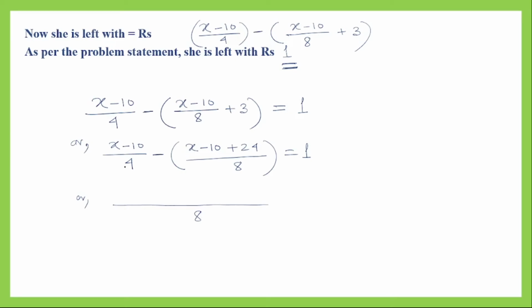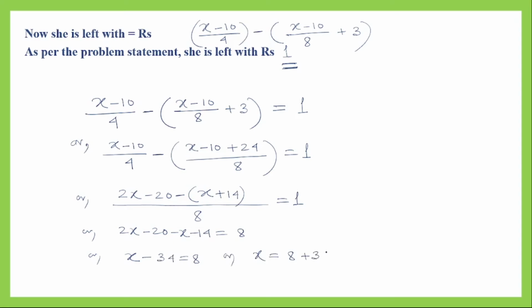So 8 divided by 4, the quotient is 2, and that 2 will be multiplied by this numerator, so it will be 2x minus 20, and here this numerator will be multiplied by 1, as the denominator is 8 and the LCM is also 8. So here it is x plus 14, and that is equal to 1. So x will be how much? x will be 8 plus 34, so it will be 42. That means she started with 42 rupees.